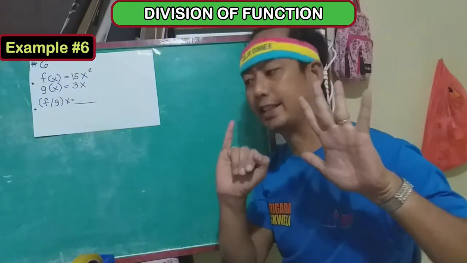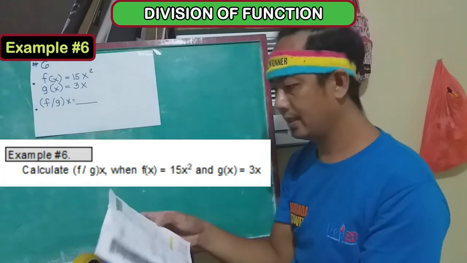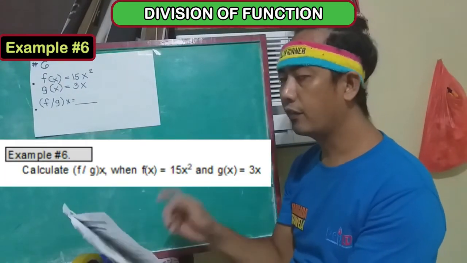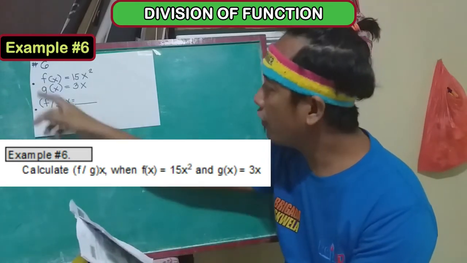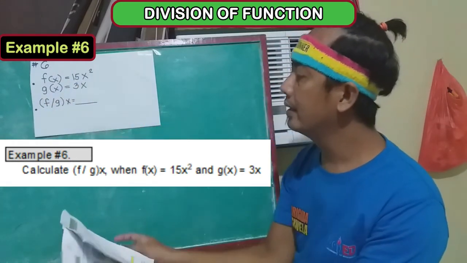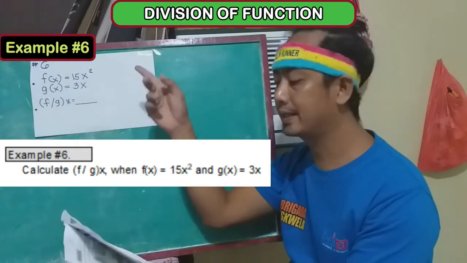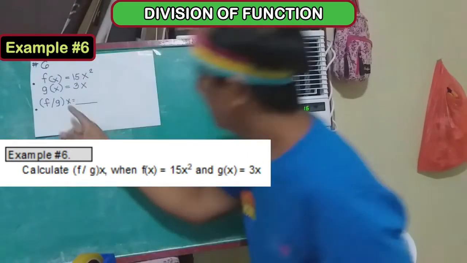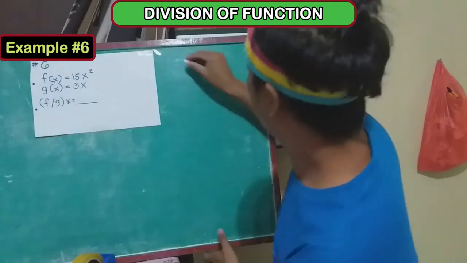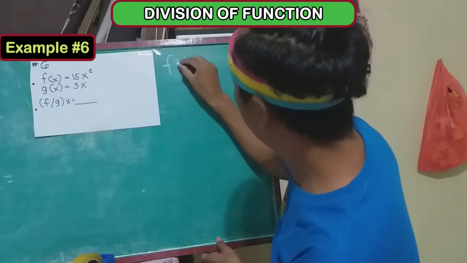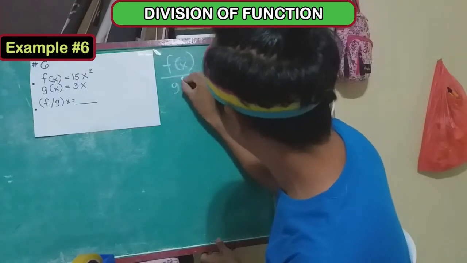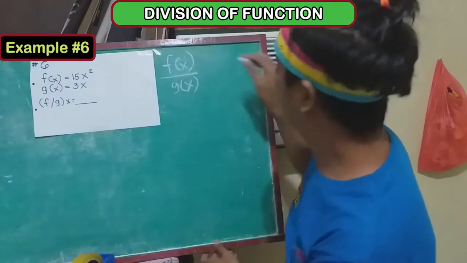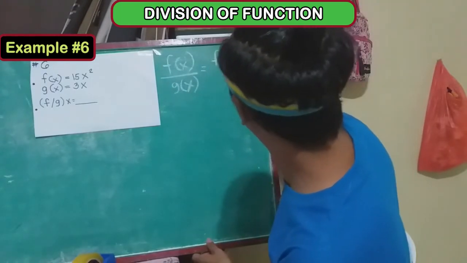Number 6. Calculate function of f over function of g of x when f of x is equal to 15x squared and function of g is equal to 3x. Ganun din lang yan. Ngayon lang is division. So, function of f divided by function of g is equal to function of f over function of g of x.